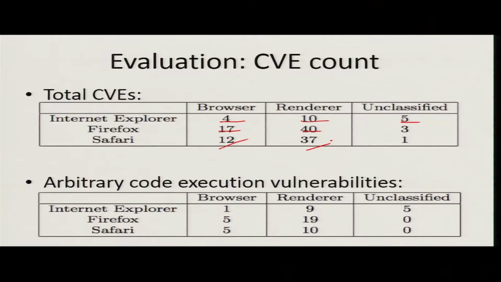Among these there are also multiple arbitrary code execution vulnerabilities, as you would see in browsers here, 155, renderer 9, 19 and 10. Browser security is a big issue for Microsoft, for Google and for Apple, so a lot of work goes into it. I don't have the latest CVE numbers here, but the number of such bugs has been dropping quite a bit.